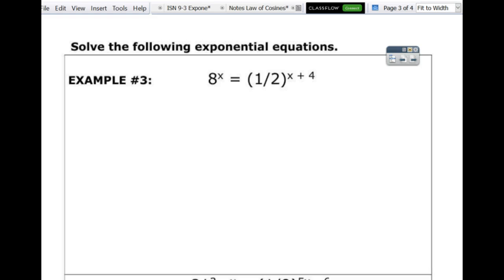All right. So this time I have 8 and 1/2. So I want a common base. So what am I going to use? So if I look down here, I need 8 and the 2. So what number do you think I might use? 2. And so 8 is 2 to the 3x now. And this one is 2, and it's to the -1, right?